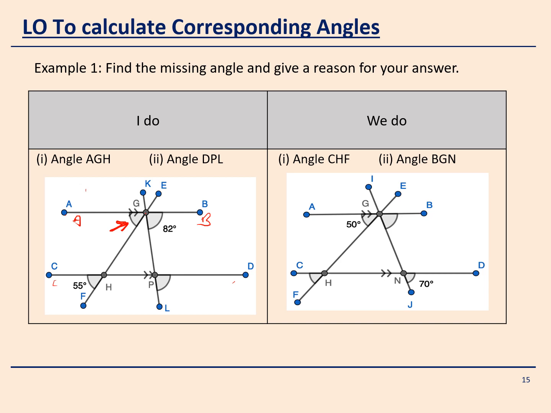What angle is that corresponding to? I can see I want an angle on the same side as this line. So F, and if you think about it, it looks the same, but that's not enough. So I've got a backwards F, so I can say AGH equals 55 degrees, corresponding.